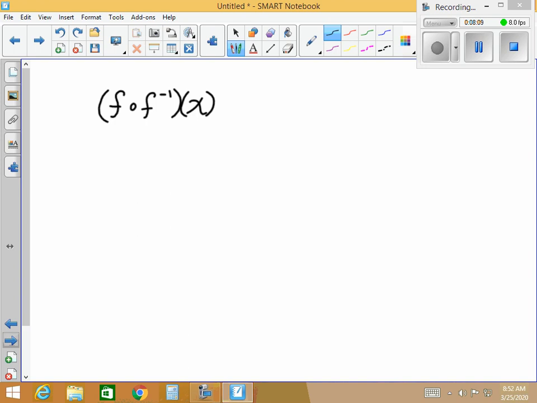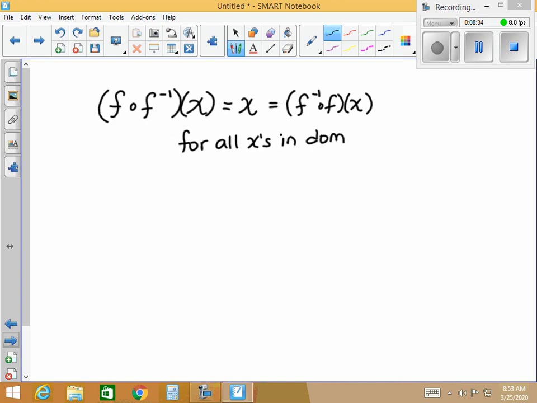If I have a function and I have its inverse, if I look at f of f inverse of x and take the composition of those two functions in either order, it doesn't matter which one I plug into what, in the end all that's going to come out is the plain old x. This will be true for all x's in the domain of the inner function.